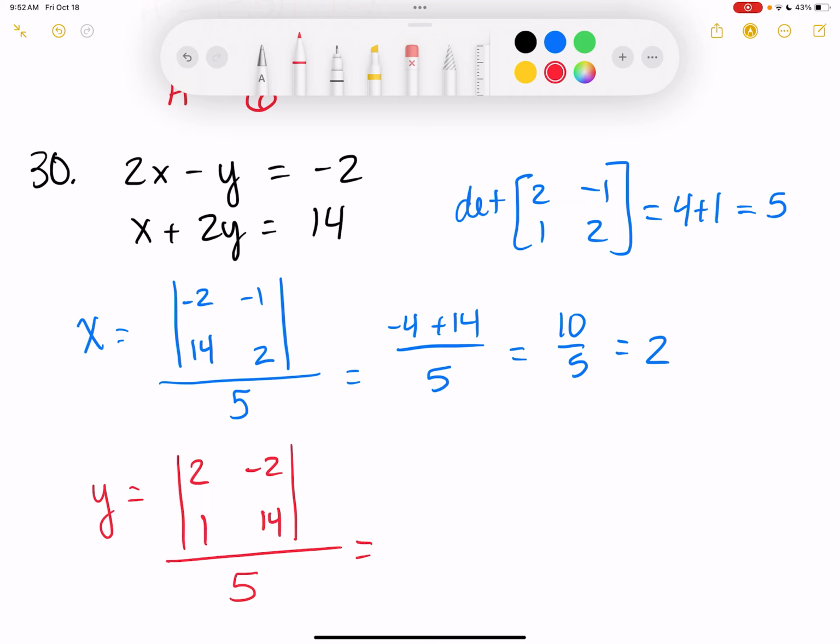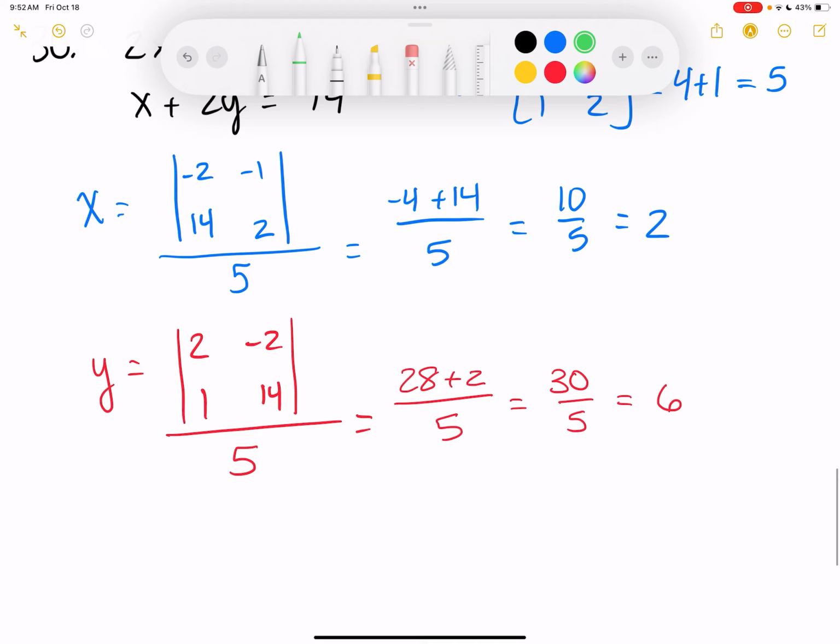What's the determinant of the top? Yep, 28 plus 2, so 30. 30 over 5 is 6. So my ordered pair solution would be 2, 6.